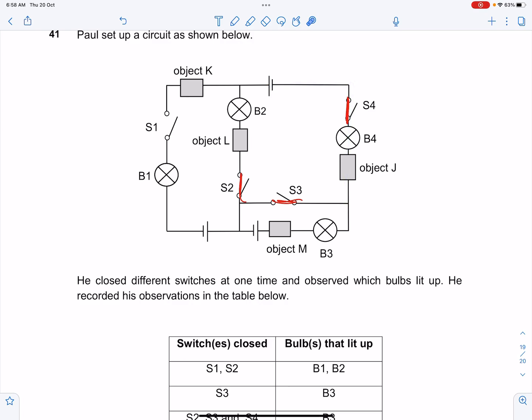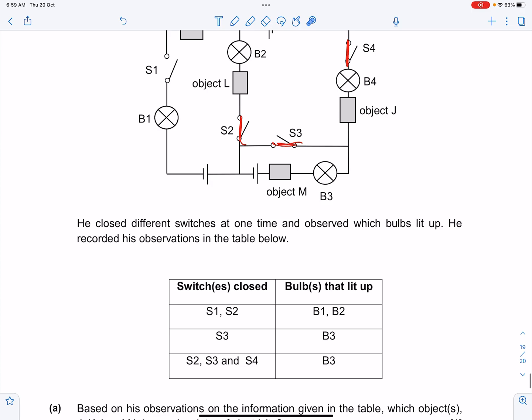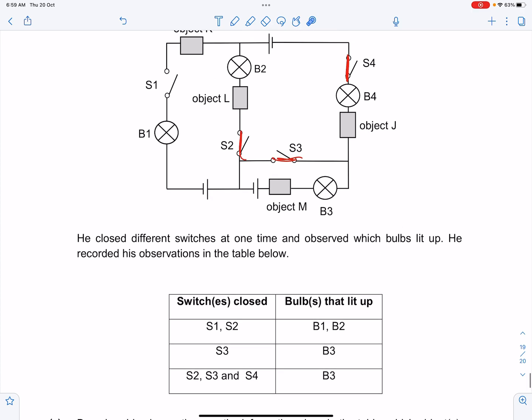So this tells me that my object J can be actually an insulator. But I do know that electric current, okay, did not affect my B3. Okay, so when this switch was closed, electric current can flow through here because they told me B3 is working fine, correct?